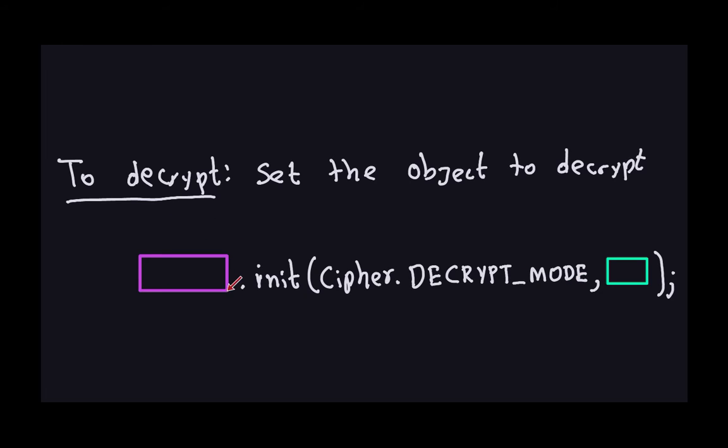Again, this purple rectangle is the name of your cipher, whatever name you gave it, and this is going to initialize it in decryption mode, and this green rectangle here is your DES key. That DES key we discussed in the first two videos. So whatever name you gave to the DES key, you put it over here.